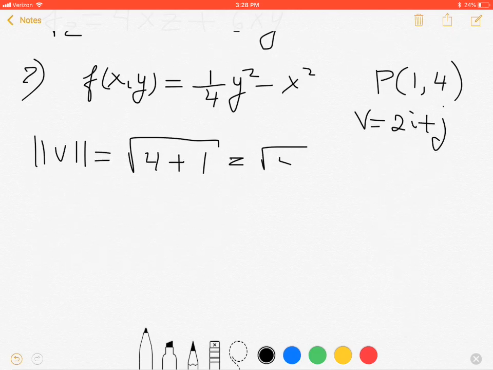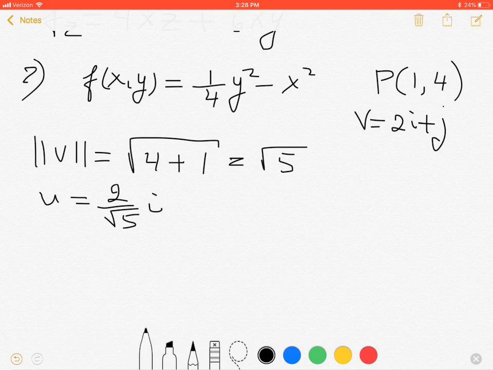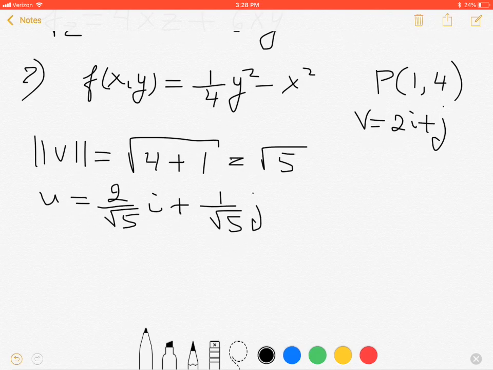This means we have norm square root of 5. And we need a new unit vector that has the same direction. It will be 2 over square root of 5 i plus 1 over square root of 5 j.